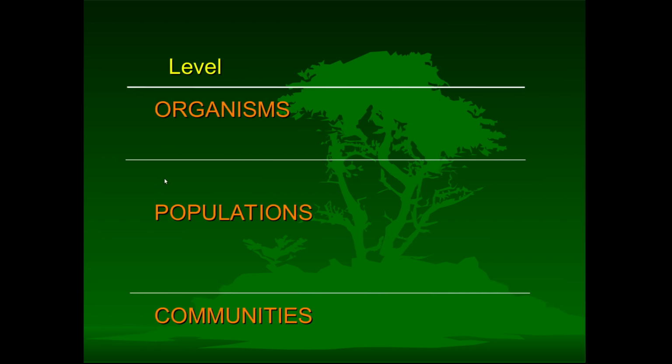So a major goal of population ecology is to find the connections, relationships, interactions between fitness, which is an emergent property of organisms. I mean, organisms have fitness, but not the cells and organs within the organism.